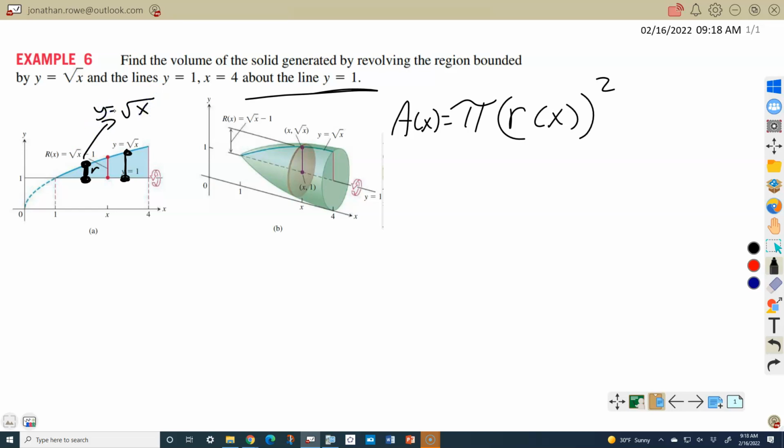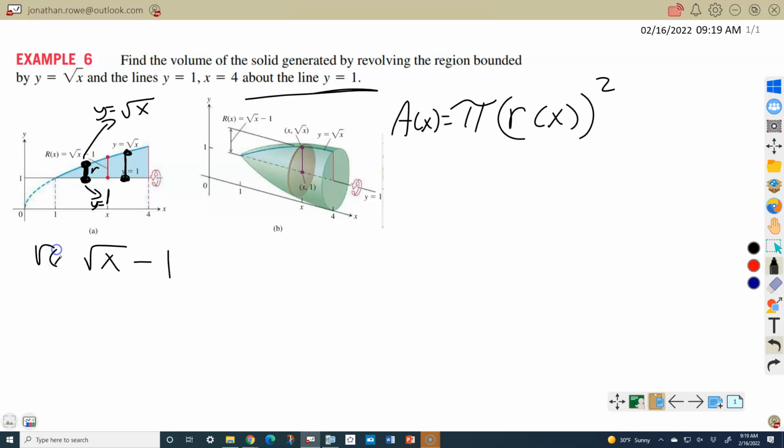What is this y-coordinate? Just 1. It is just 1. So the difference then is the square root of x minus 1.